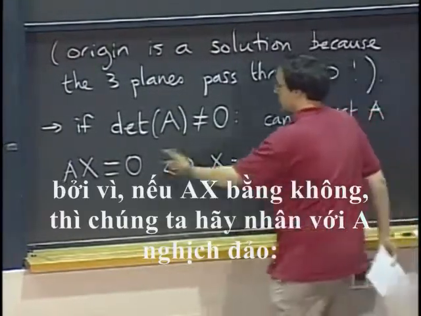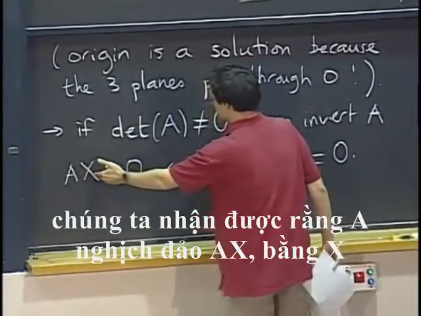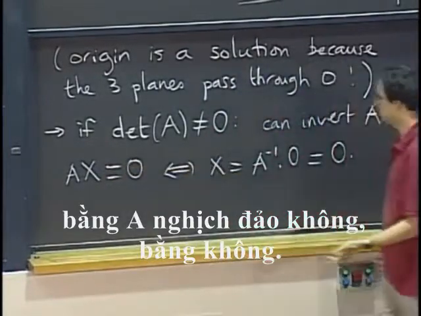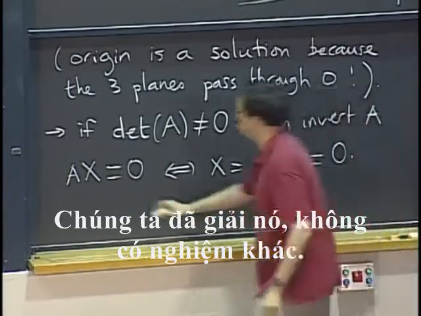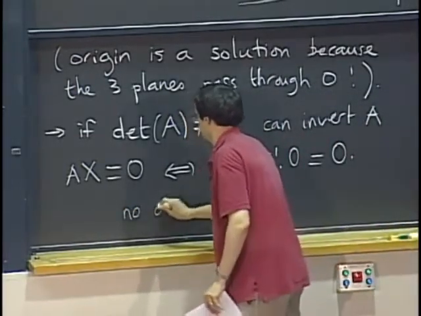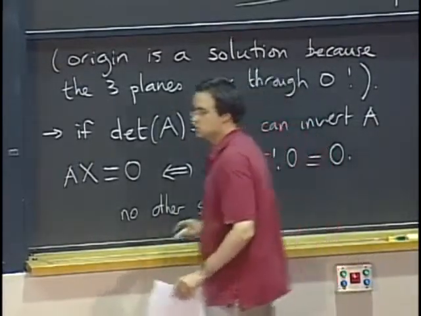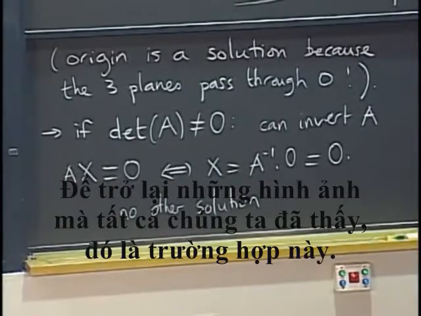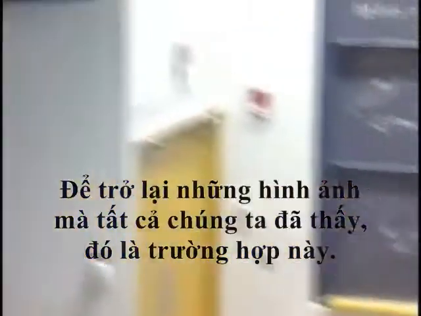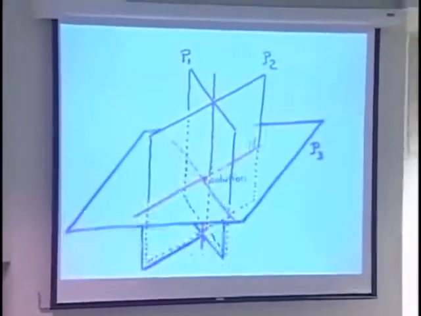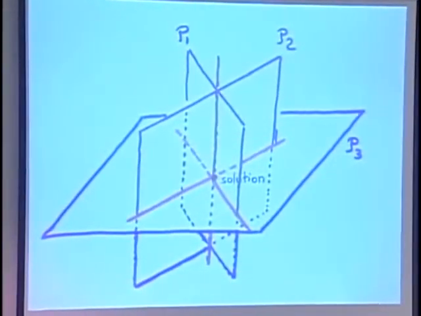Because if Ax is 0, then multiplying by A inverse we get A inverse A x, that's x, equals A inverse 0, that's 0. We get x equals 0. We've solved it. No other solution. So, to go back to these pictures that we all enjoy, it's this case.